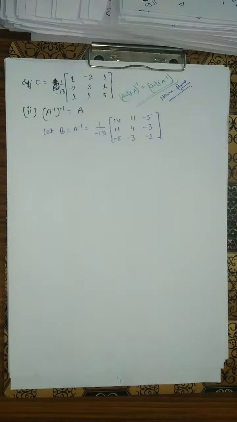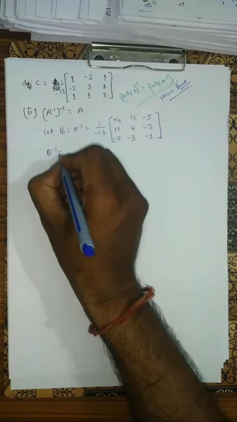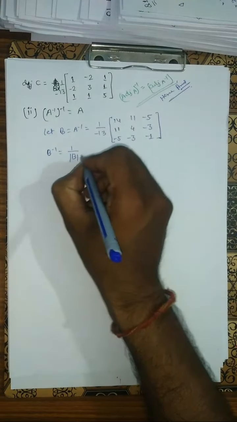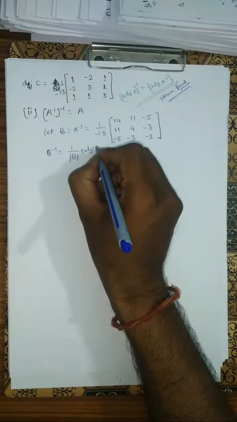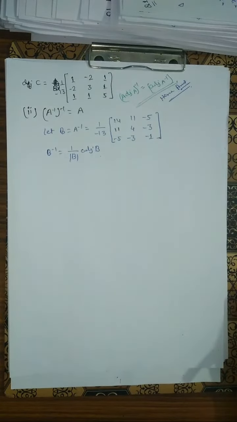So now बच्चों, we find B inverse. So B inverse is 1 by determinant B adjoint of B. बच्चों, we also find B inverse.